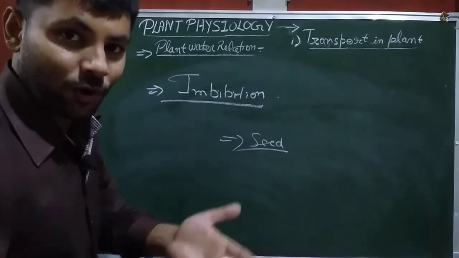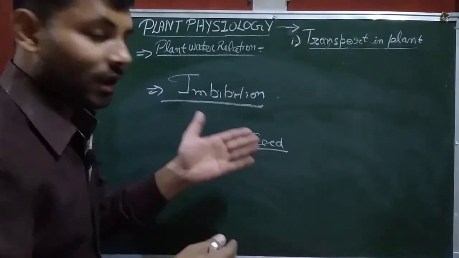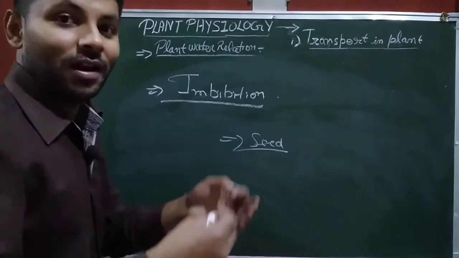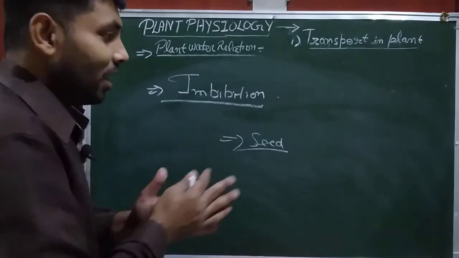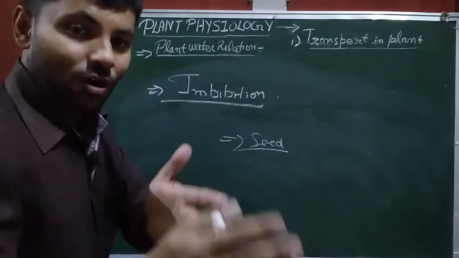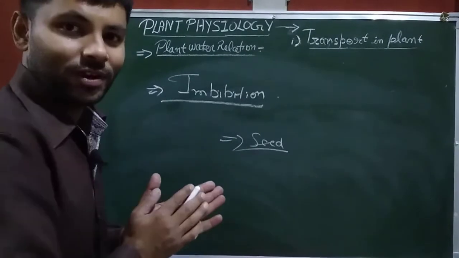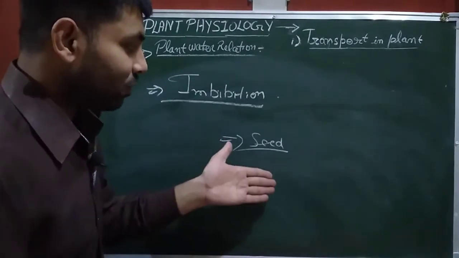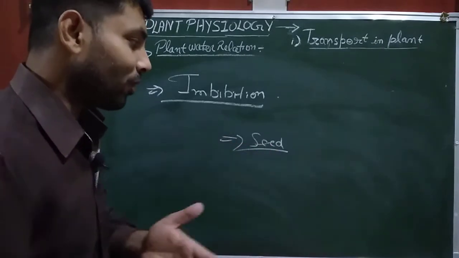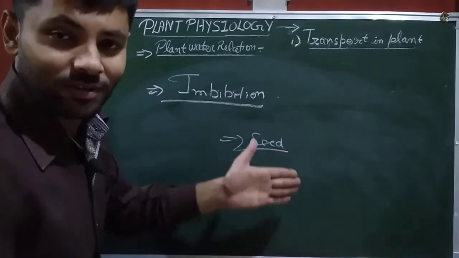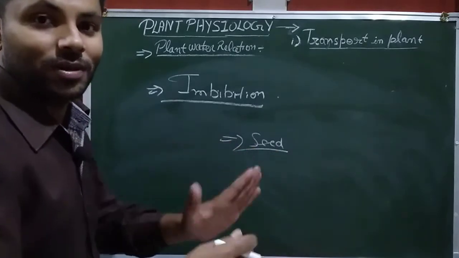After taking water and nutrition, it enlarges in size. Simply, imbibition means that anything which gains or loses. When we plant seeds, they require water and nutrition; after gaining them, they change size and result in plant growth.